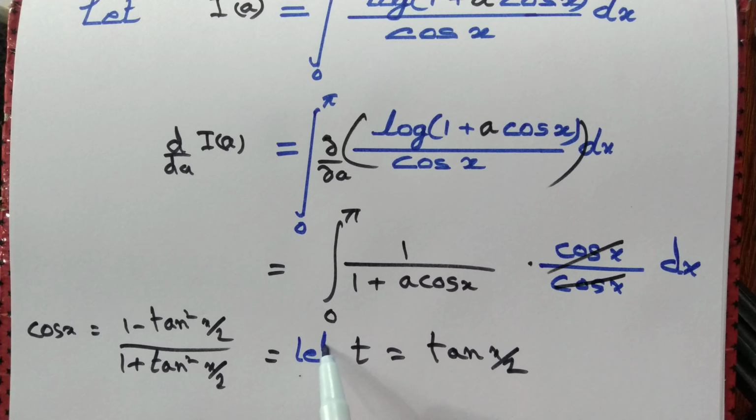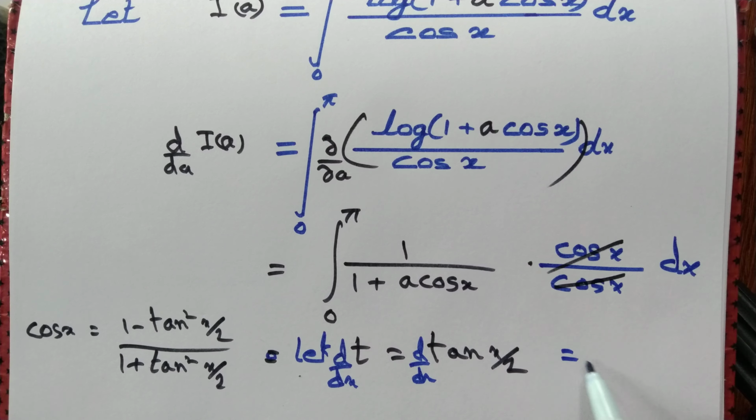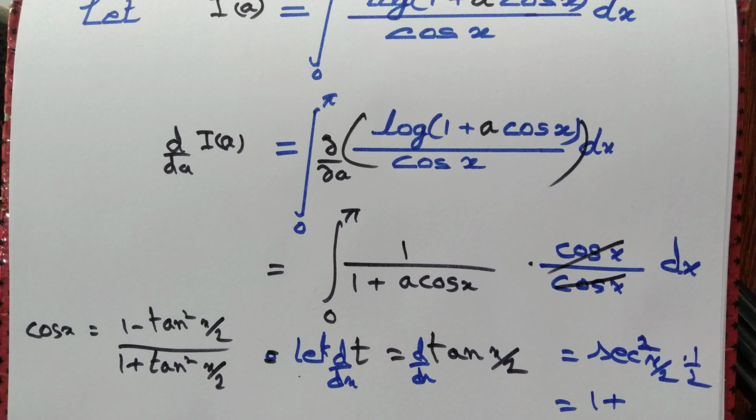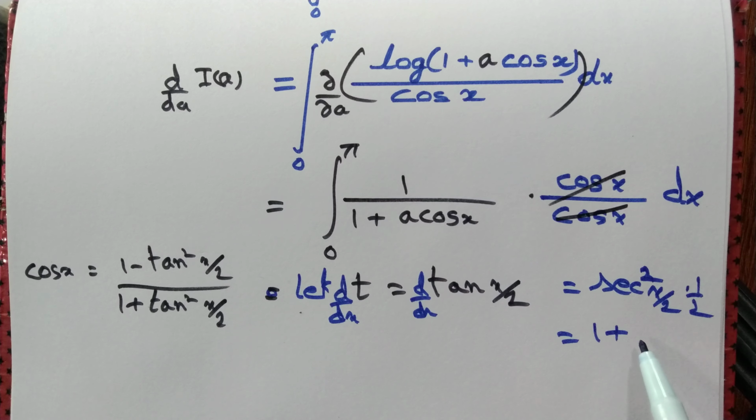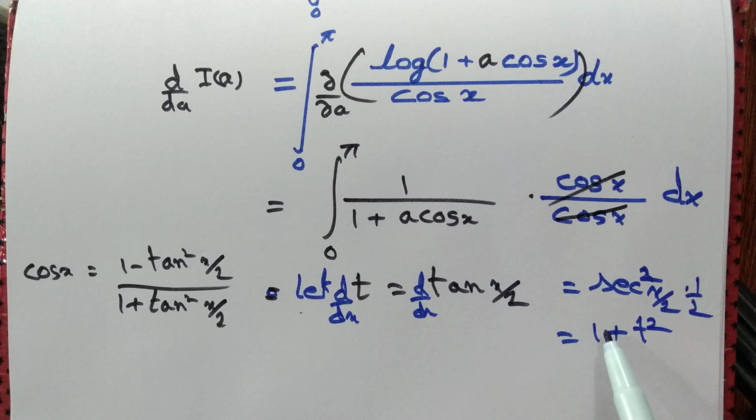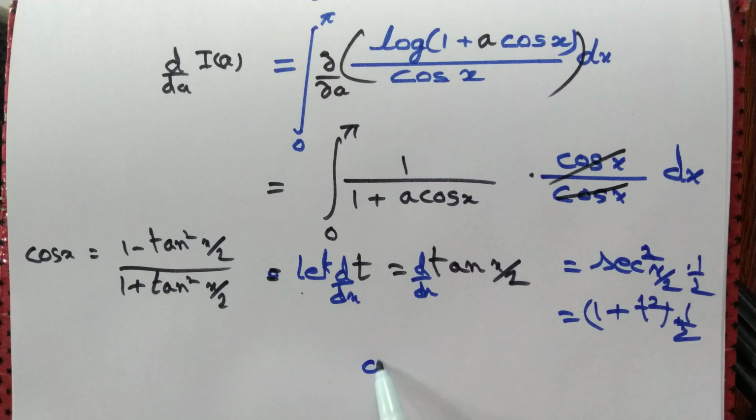The derivative of tan x/2 is sec² x/2, and then we differentiate x/2 as well, so we get half. Sec² is 1 plus tan², so with t equal tan x/2, we get (1 + t²) times half. So we can write dx equal to 2/(1 + t²) dt.